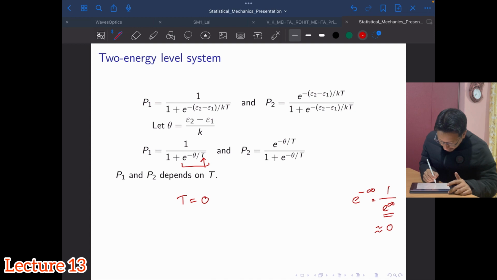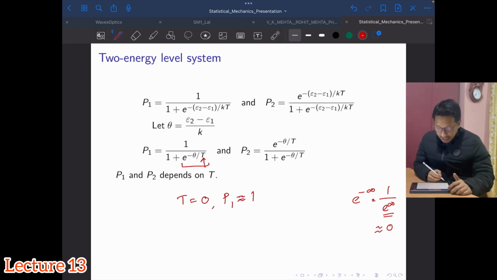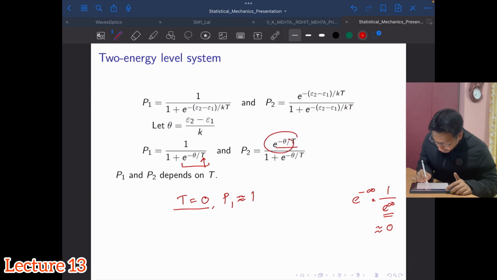So the probability P1 will then be 1. I should not write equal to 1, it's nearly equal to 1. If you substitute back the same expression, e to the power minus theta by T, for the case of T equal to 0 this expression turns out to be 0, isn't it?